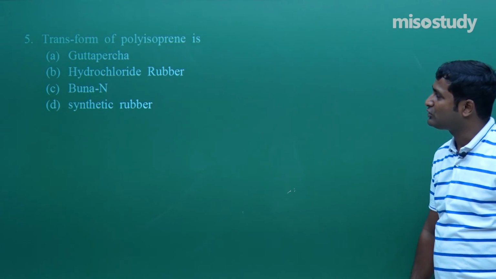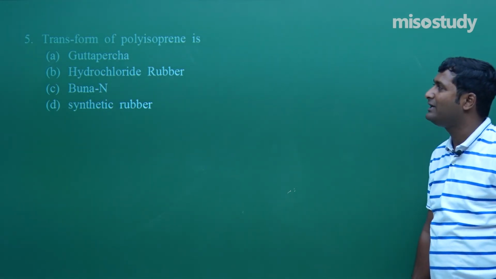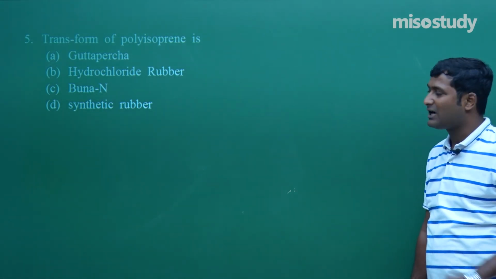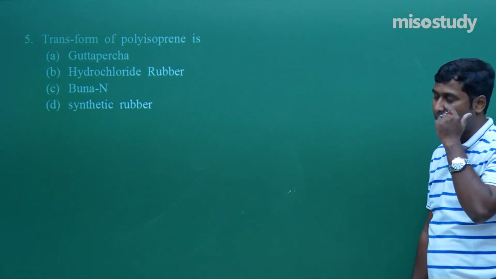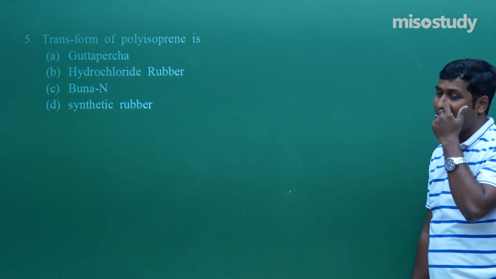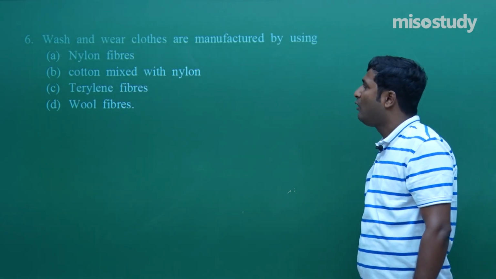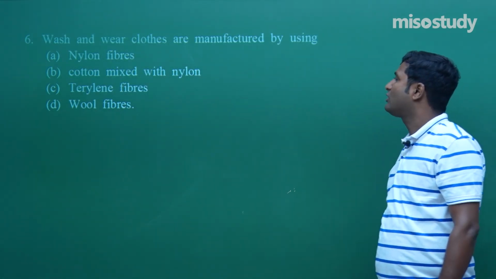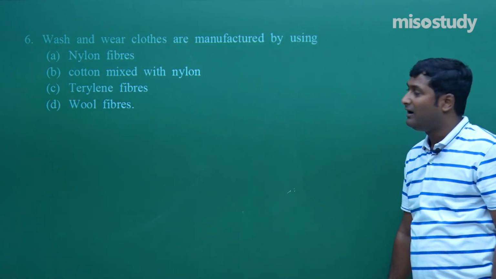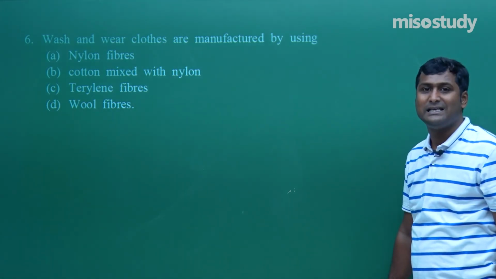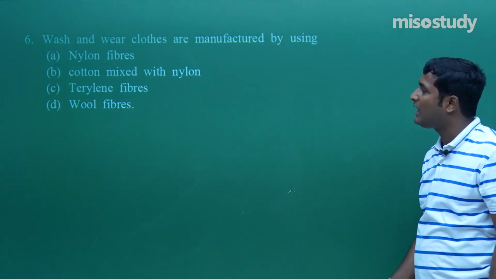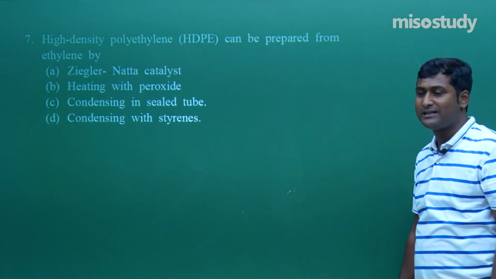Now let's move to question number 5. Trans form of polyisoprene. Yes sir, the trans form of polyisoprene is gutta-percha. That is A. For question number 5, A is the correct option. Now for question number 6, wash and wear clothes are manufactured by using terylene fiber. That is C is the correct option. Now for question number 7, what is given here?